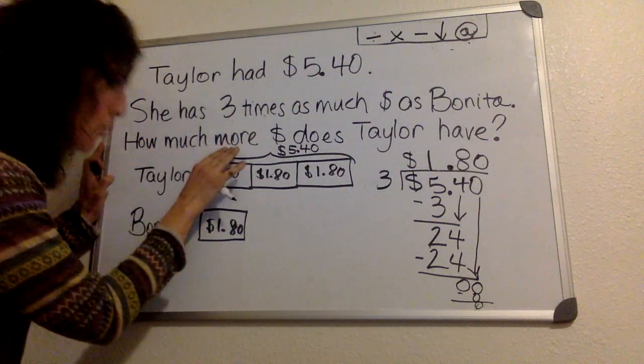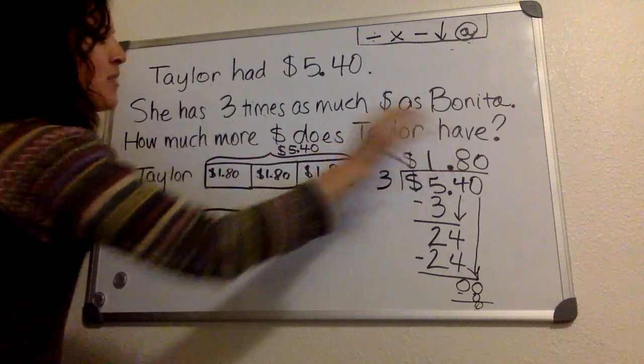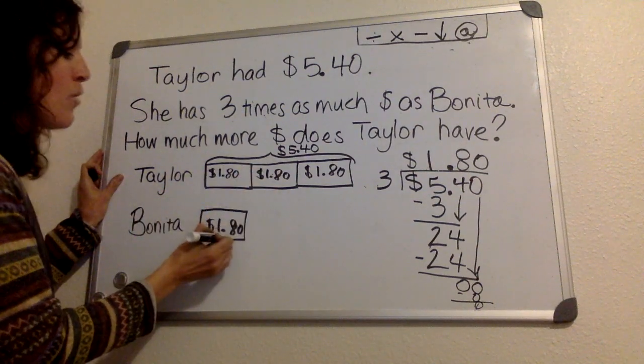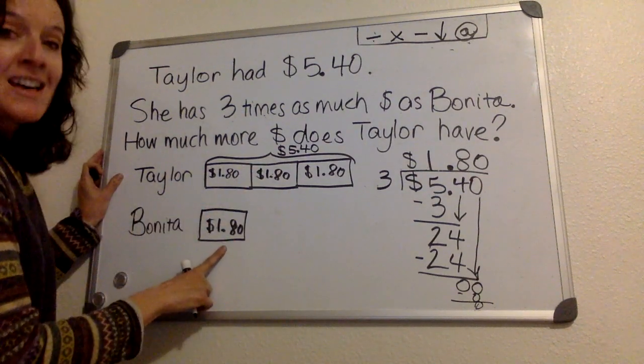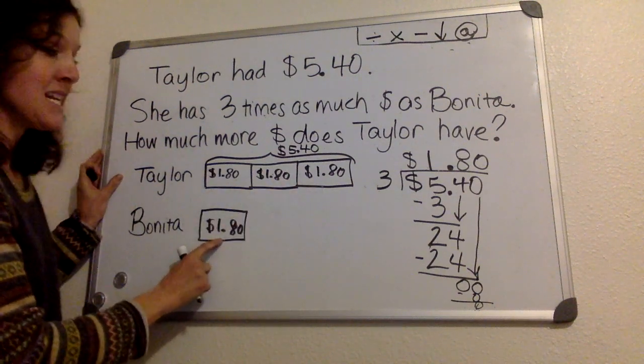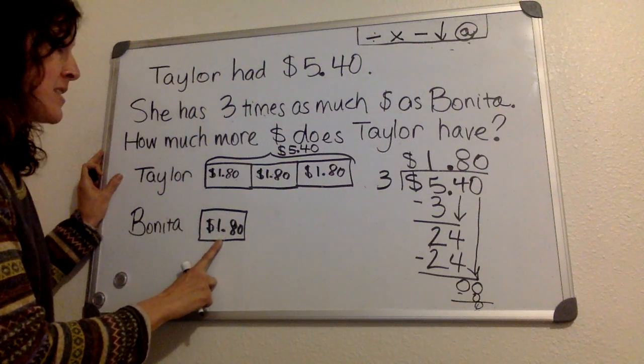How much more money does Taylor have than Bonita? Okay, now we know what Bonita has. We figured out that each of our boxes is worth $1.80. So we know that Bonita has $1.80.